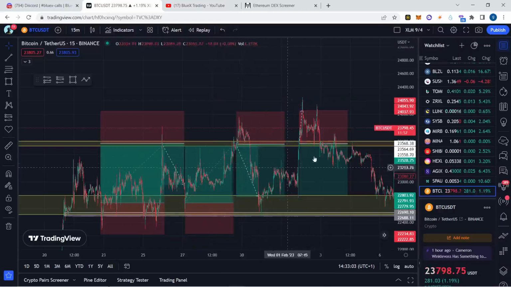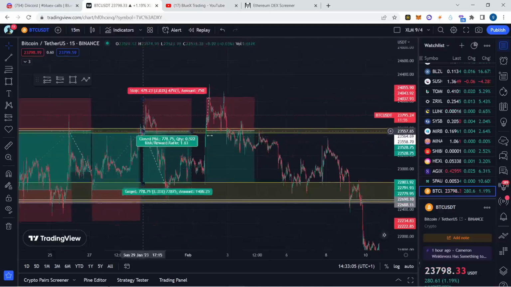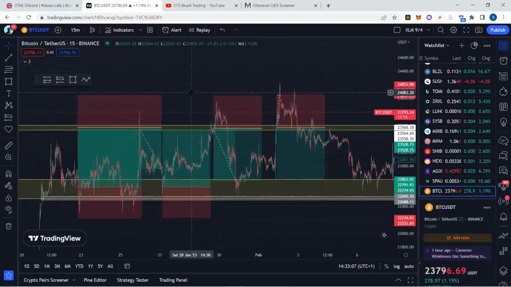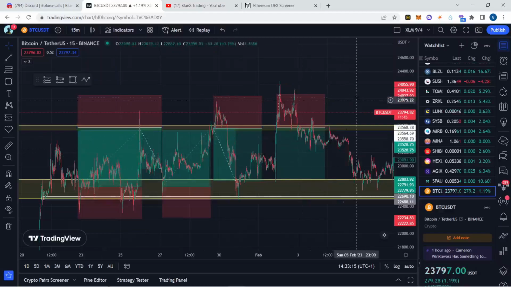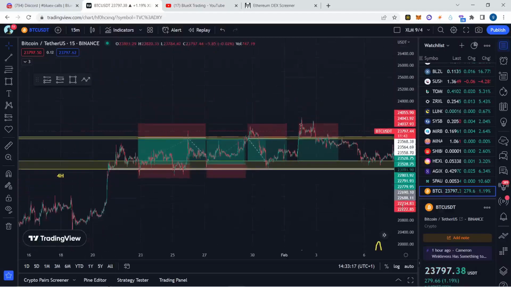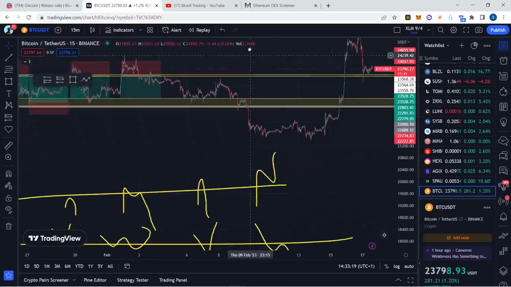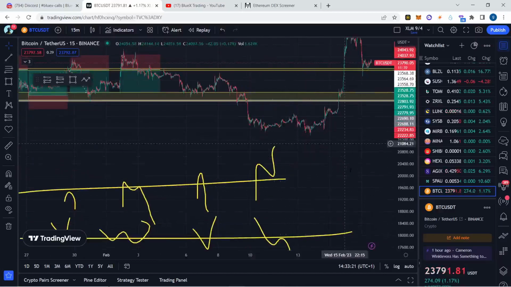Two wins can pay you off for 3 losses, and you can have even a win ratio smaller than 50% and still be profitable. And as you can see, we clearly can have a bigger win ratio. So it's pretty good. I will make some more videos on that.